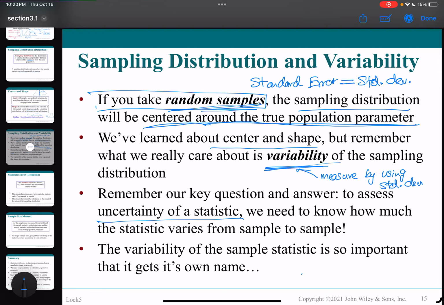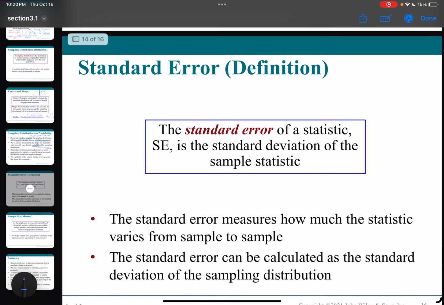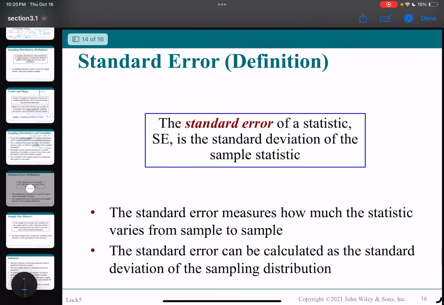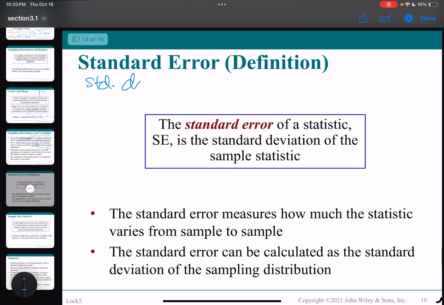So standard error is the measurement we use, standard error or standard deviation. Normally we denote standard error by SE, capital S and E. It is the standard deviation of the sample statistics. They are the same. It measures how statistics vary from one sample to another.